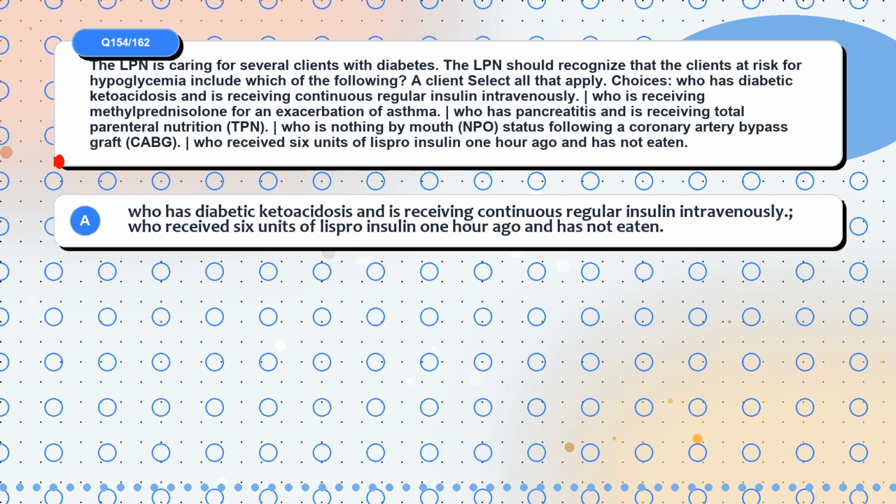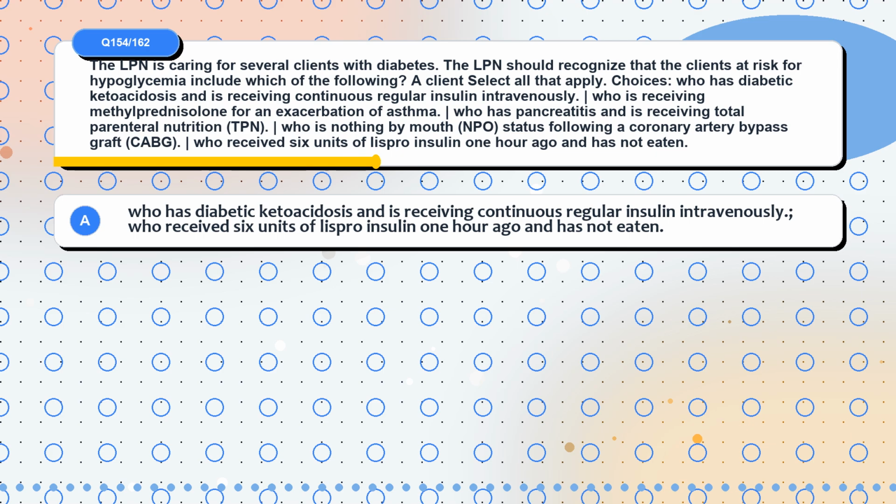Question 154. The LPN is caring for several clients with diabetes. The LPN should recognize that the clients at risk for hypoglycemia include which of the following? A client: select all that apply. Choices: who has diabetic ketoacidosis and is receiving continuous regular insulin intravenously.